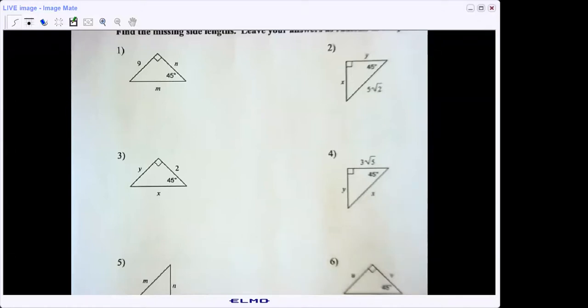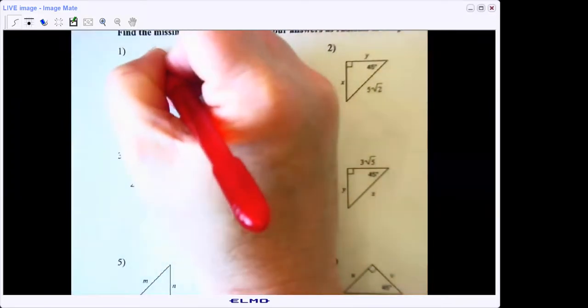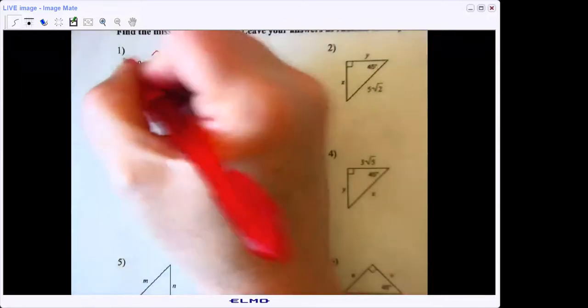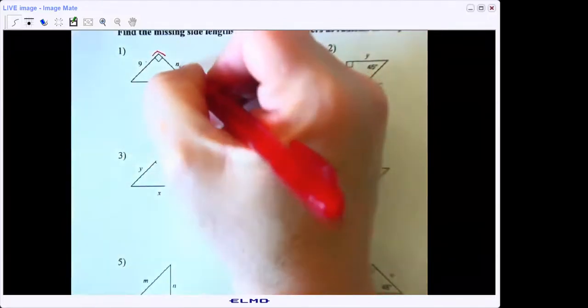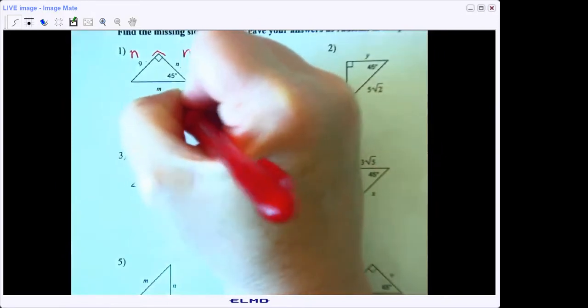Okay, so number 1. What's the first thing we need to do? Label. Good. So remember that, especially when it's twisted, when it's rotated, it's a good idea to label. These are going to be my legs. So this is n, and n root 2.